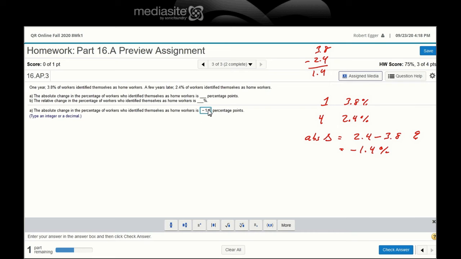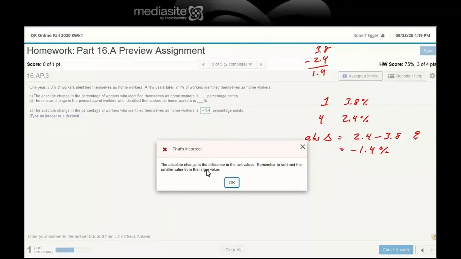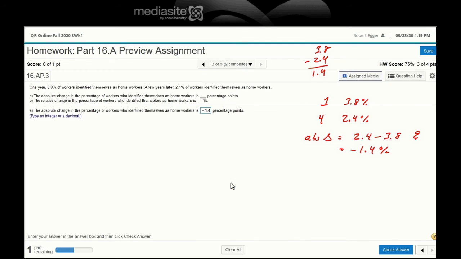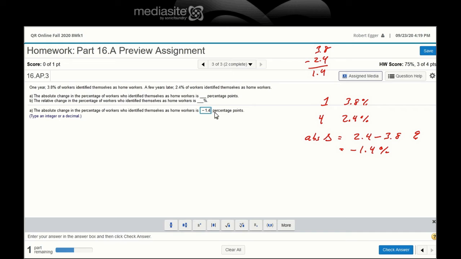Percentage out here, so we don't need a percentage sign. Okay, don't necessarily agree with that. Well, I guess we're discussing being absolute change. Let's say look for the sign, which is true.